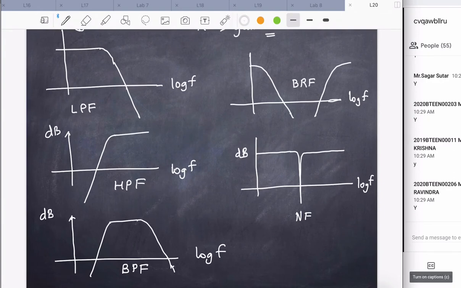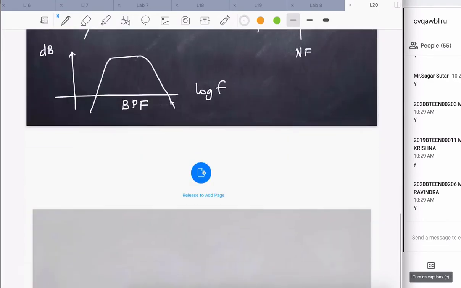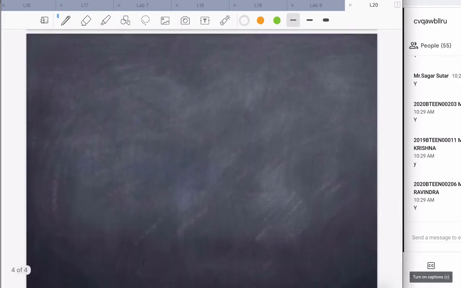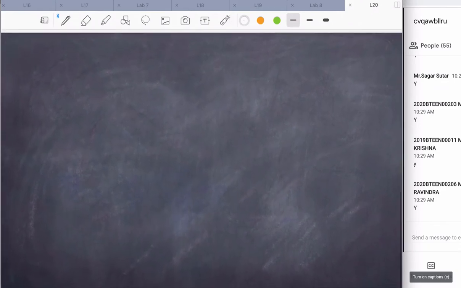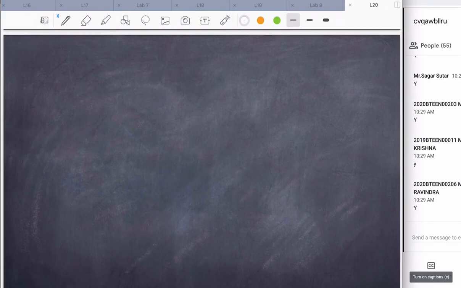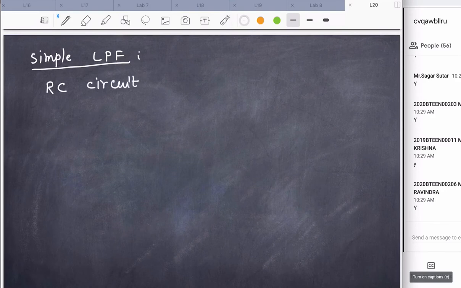Now, how do we implement a simple filter? Simple low pass filter is using an RC circuit, that is you use a resistance and a capacitor.